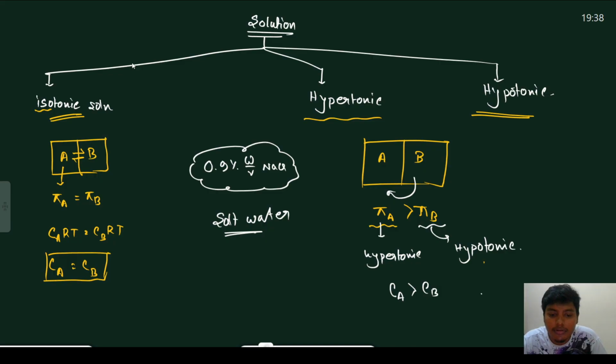I am asking that our blood cell has 0.9% W by V, and you are drinking salt water or you are eating salt. So in that case, your blood cell will burst or your blood cell will shrink? Shrink.